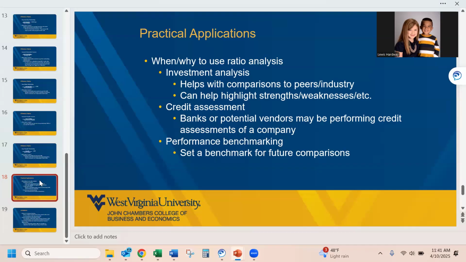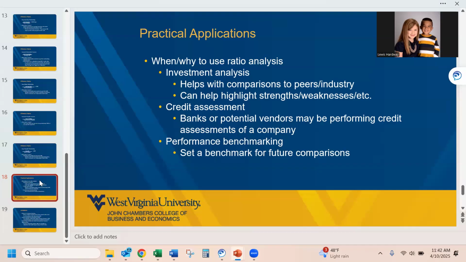If your days payable outstanding is 200, then you're only paying once every 7 or 8 months, so a company might not want to work with you. Just things like that would go into the analysis whenever they're making that credit decision.